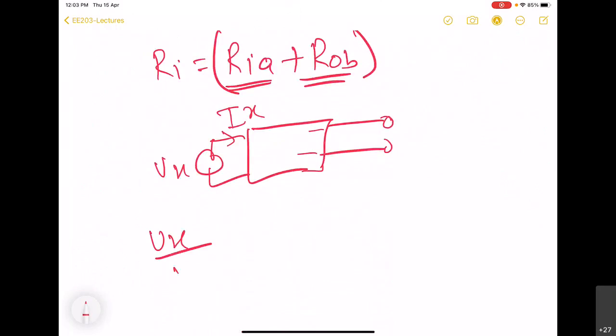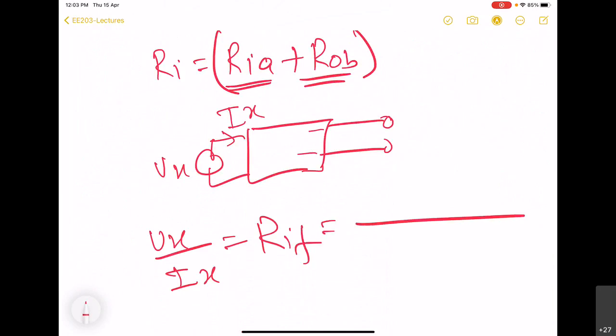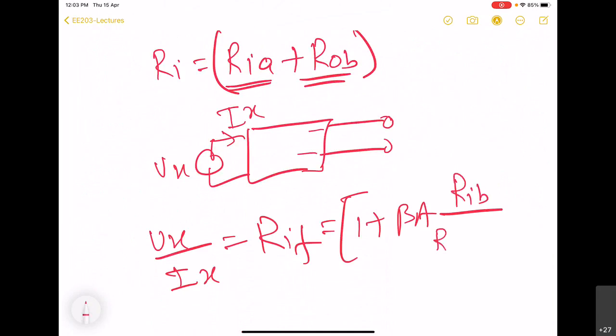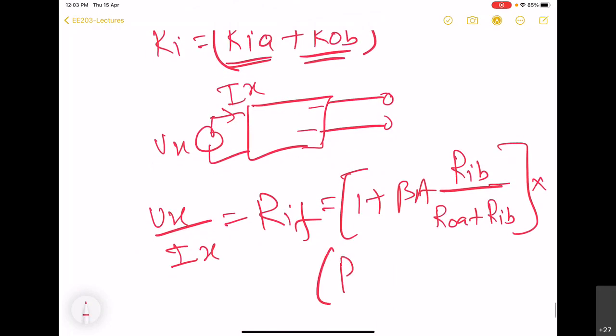So if you carry out this analysis, the new feedback impedance will be like this: 1 plus beta A into RIB divided by ROA plus RIB whole into RIA plus RIB.